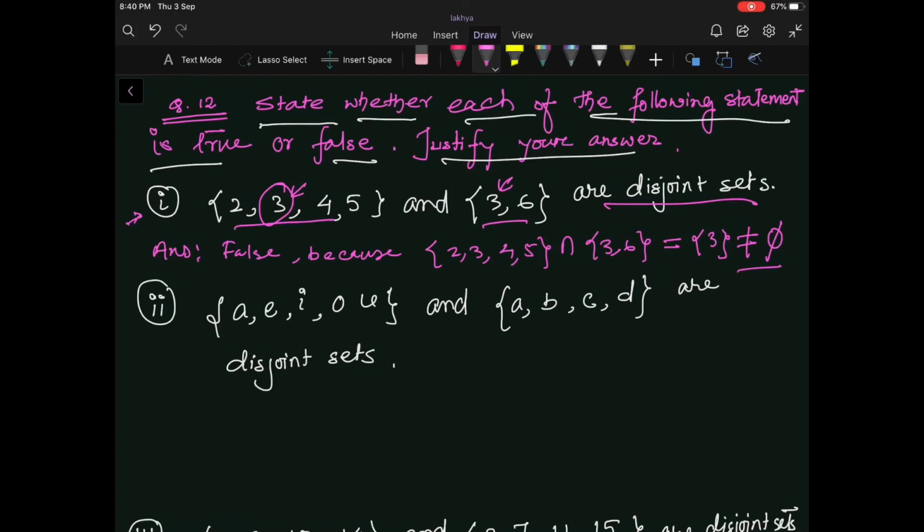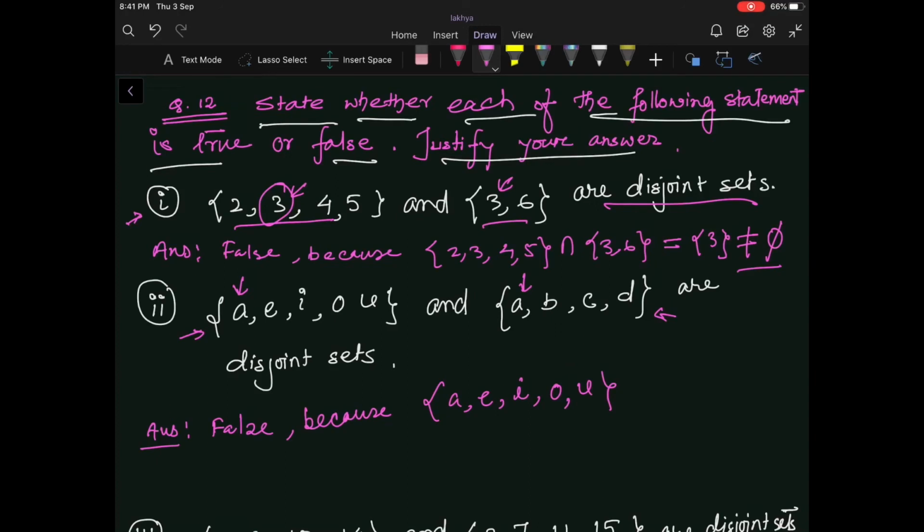Okay, now in the next one, here you see in these two sets you can see clearly a is a common element. So these two are also not disjoint sets. This answer is also false. This statement is also false because the intersection of these two sets is not equal to phi.